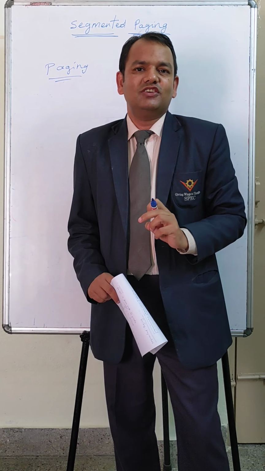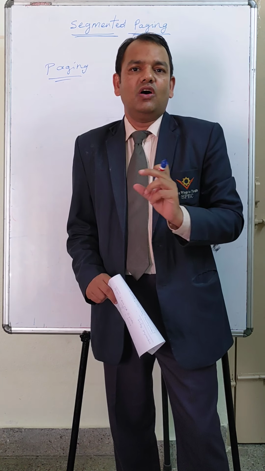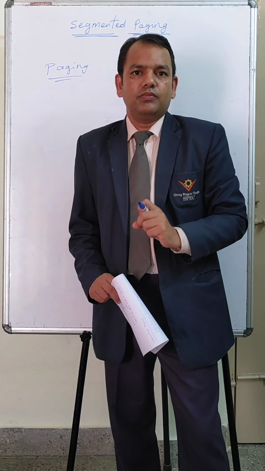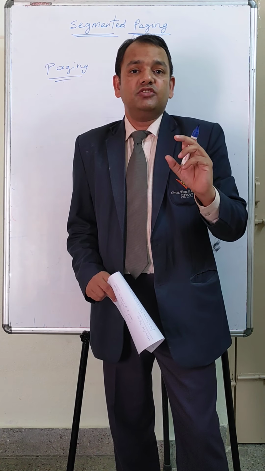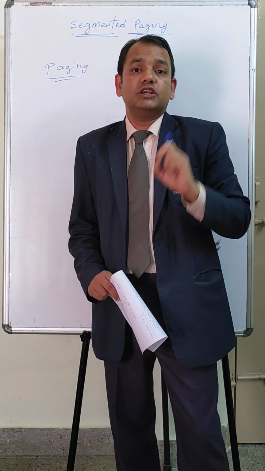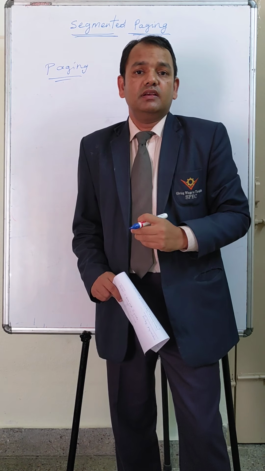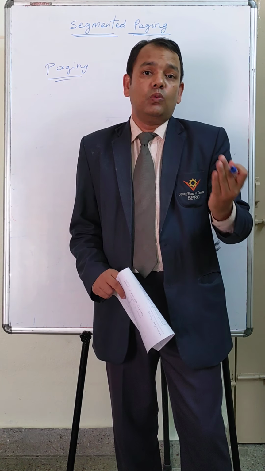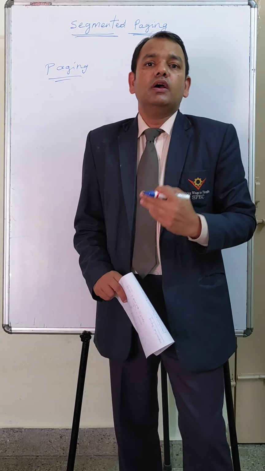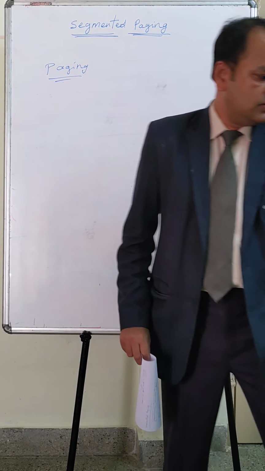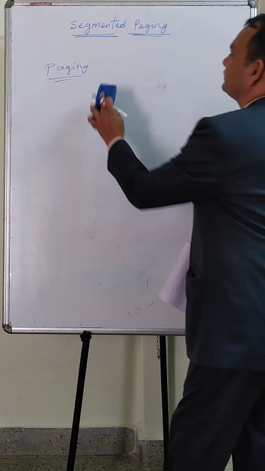It is not fixed like frame size or page size. Understood? Segment size may vary. One segment may be 10 MB, another segment may be 1 MB, and so on. Now let us discuss how this works.